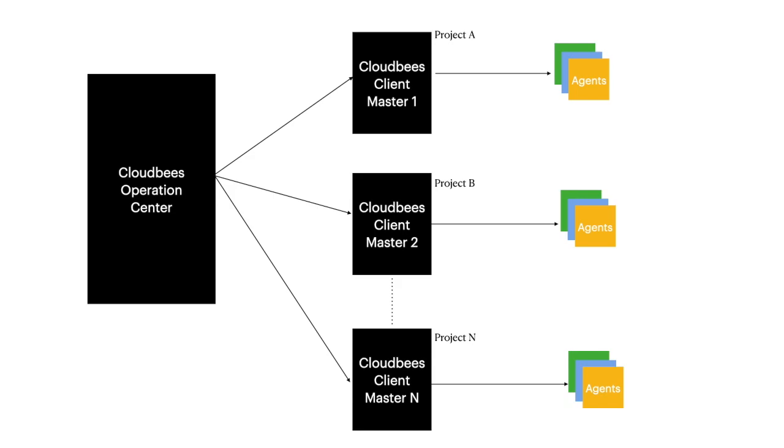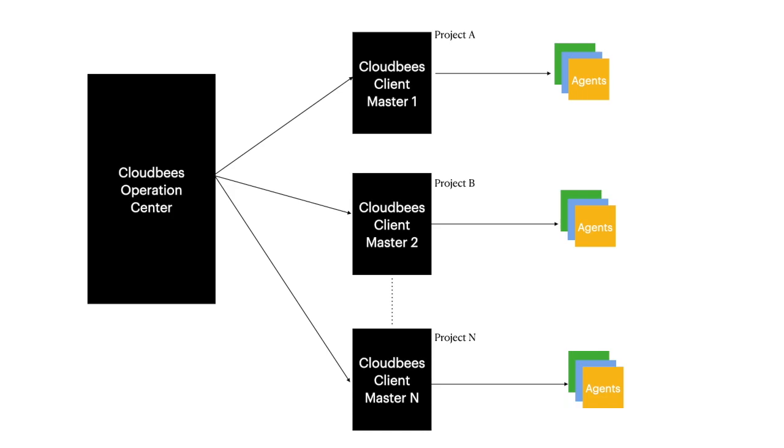The masters are the same as we use in Jenkins, but the CloudBees Core Operations Center is the one which manages all the masters. If you want to push any particular configuration or patches, or restrict each project to some of the plugins, you can do it from the Operations Center.